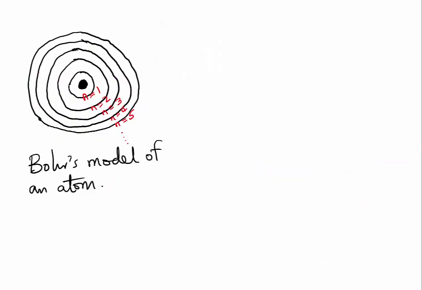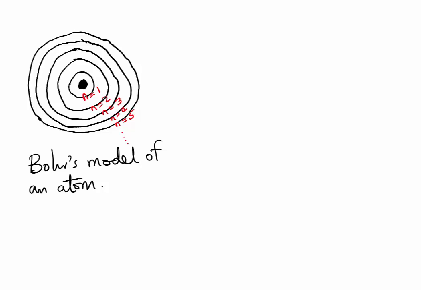The Bohr model of an atom was successfully used to explain the line spectrum of hydrogen. However, this model of an atom did not work as well when applied to any element that has more than one electron.